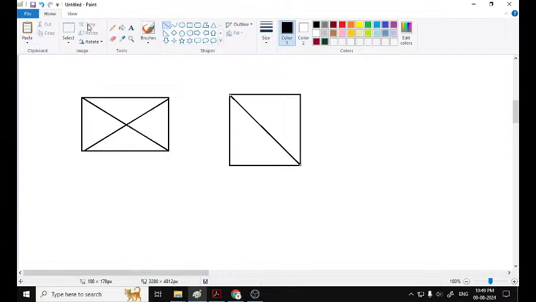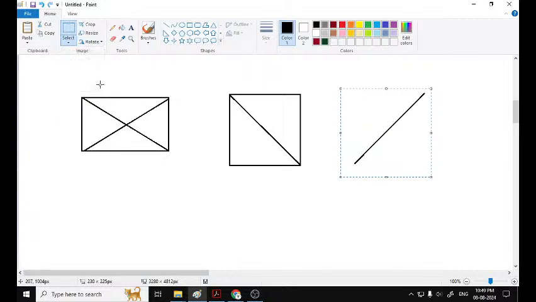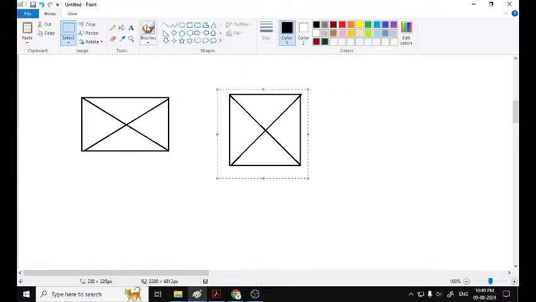This is one diagonal. Let us copy this and paste it at the position of second diagonal. Diagonals are equal, and if we measure this angle, this is 90 degree.